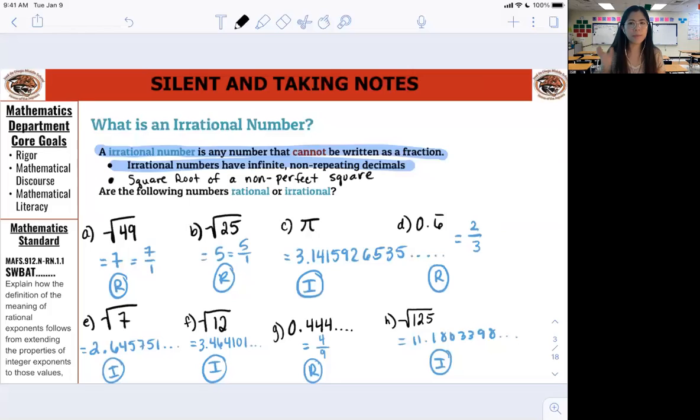Any questions on what makes something rational, what makes something irrational, or anything like that? I have a question, but it's not related to the irrational. That's okay. You can still ask. Do we use pi in high school, or is pi just there for 6th and 7th?